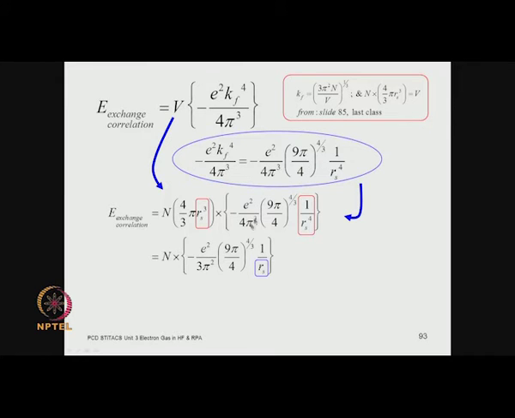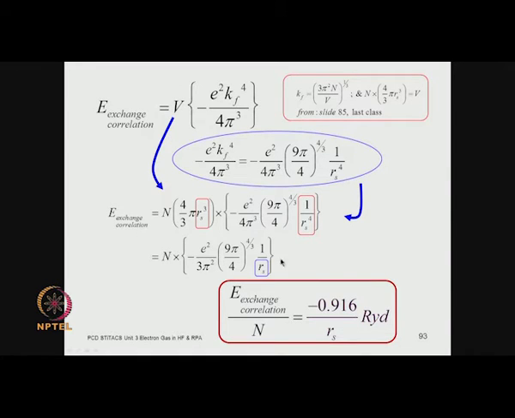Now this is the result that we get. The exchange correlation energy, if you divide it by n on both sides, you get the exchange correlation energy per unit electron, and plug in the values of all these constants 9 pi e square and everything, then essentially it turns out to be minus 0.916 by Rs.